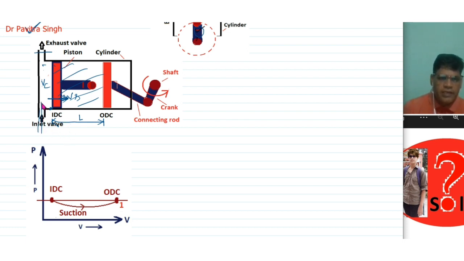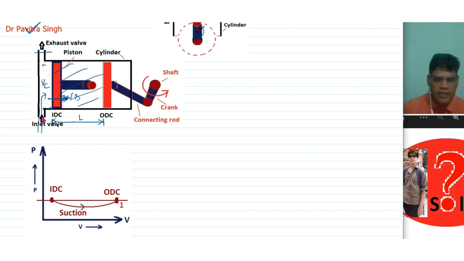The air will be sucked in by the piston, because the piston is moving from IDC to ODC, left to right, in a diesel engine or CI engine, compression ignition engine. The piston is sucking air into this combustion chamber.